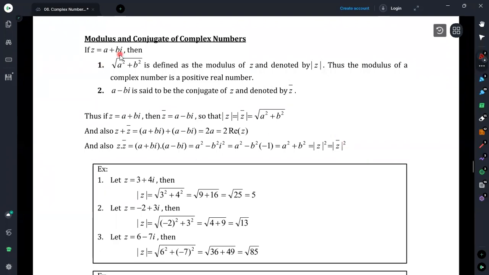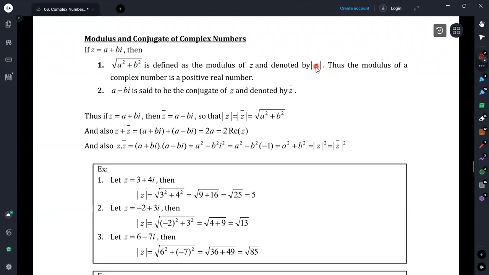If we have the complex number in the form z equals a plus bi, then we can define the modulus of this complex number as the square root of a squared plus b squared, and it can be denoted by the notation modulus of z.